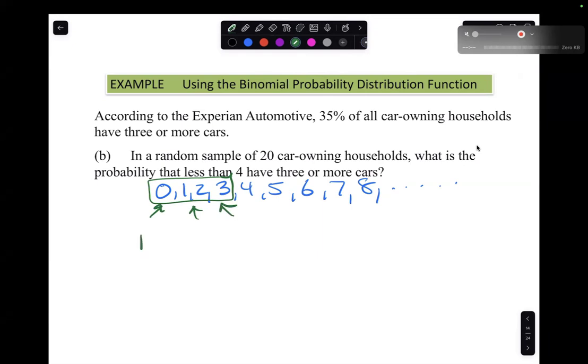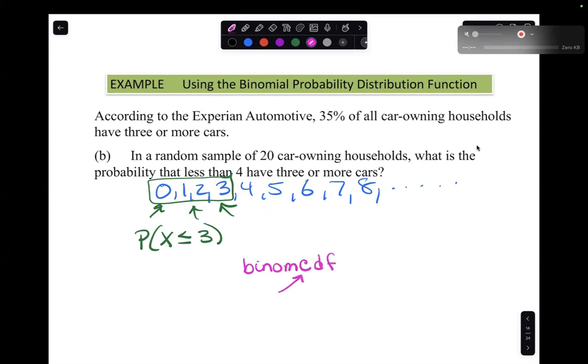So I want to know the probability that X is less than or equal to 3. Correct? That's what I'm looking for. So instead of using binom PDF, we're going to use binom CDF.